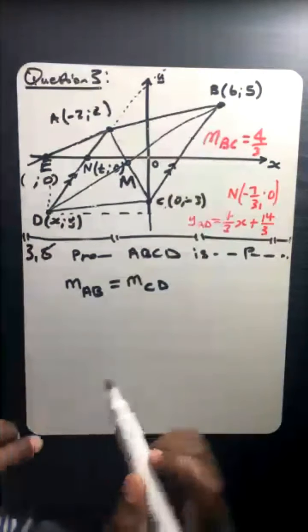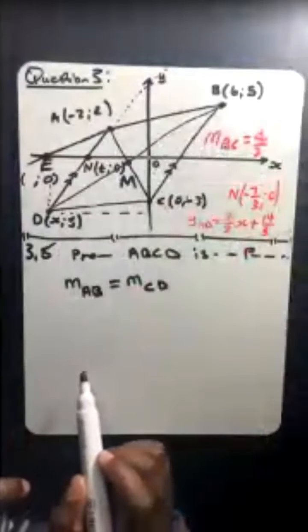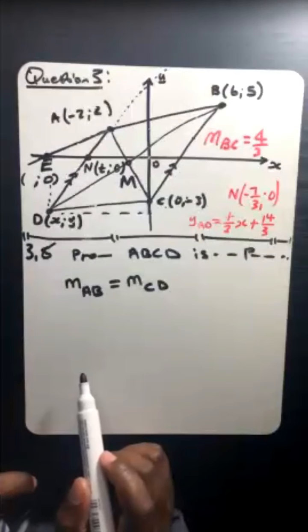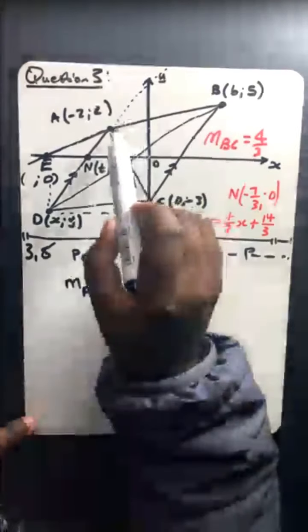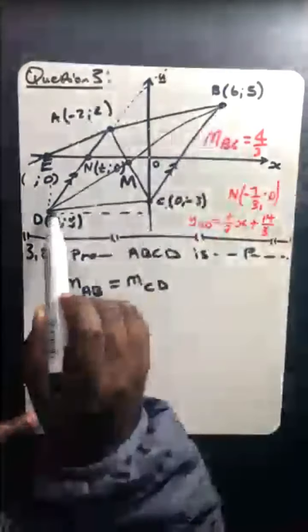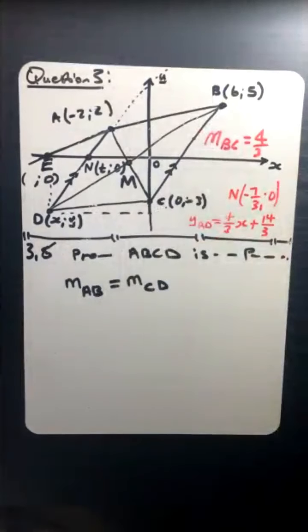Why? Because already we know these two lines are parallel, and if those two lines are also parallel, then this is a parallelogram. So you calculate the gradient of AB and the gradient of CD, and expect to find the same answer.